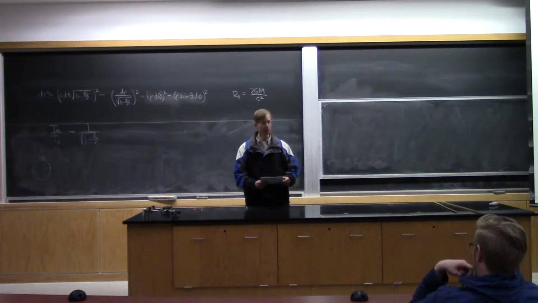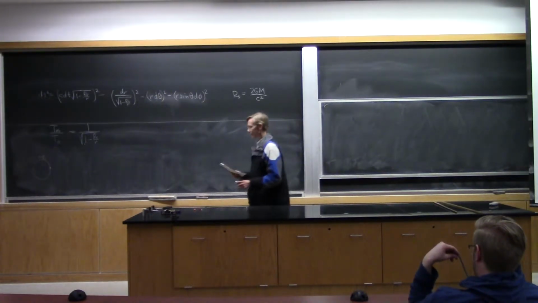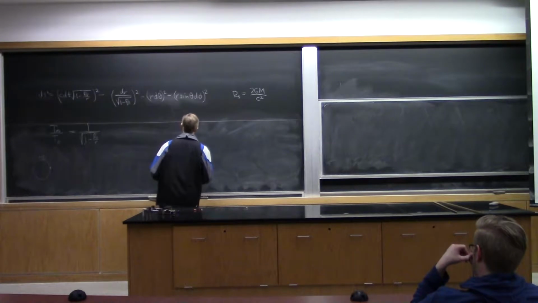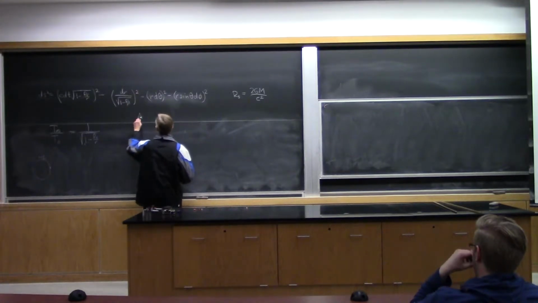But let's talk about what we call the coordinate speed of light. So first we'll note that a freely falling observer always obtains c when measuring the speed of light.